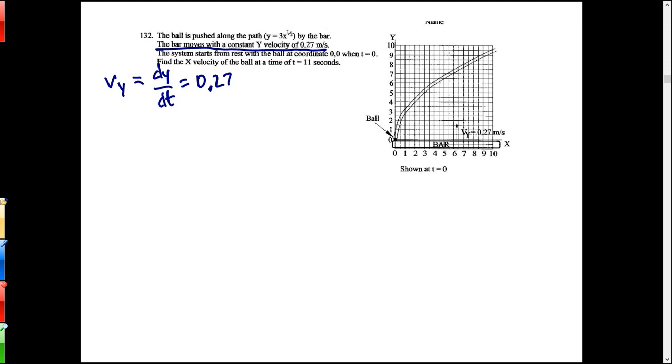So dy/dt is equal to 0.27. The limits are pretty straightforward: 0, 0 when time is 0. Working through that, you get that y is 0.27 times whatever the time is.